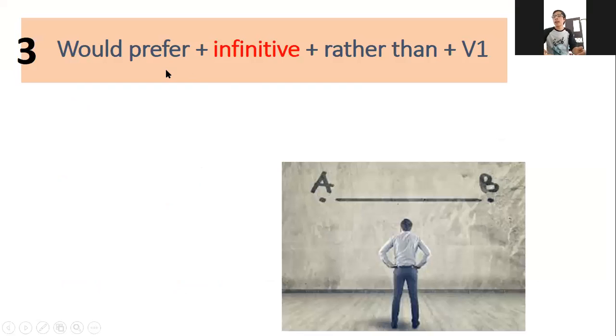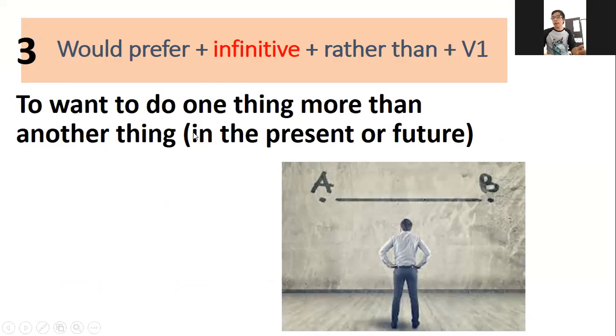But for type 3, the specific one, the formula is quite different. It is used to describe wanting to do one thing more than another in the present or future. It uses the verb too, but you compare it with another.